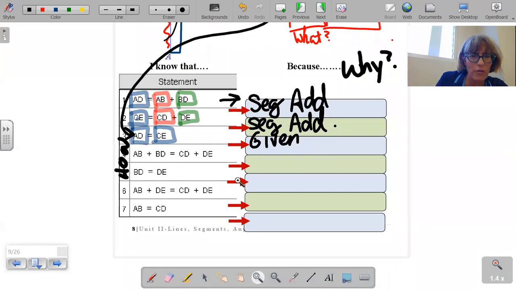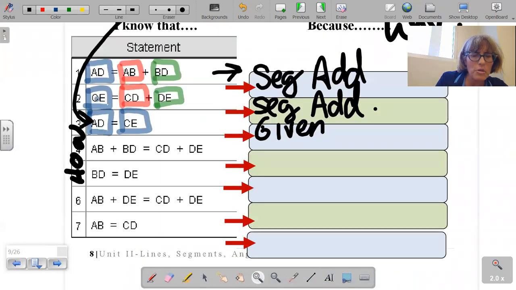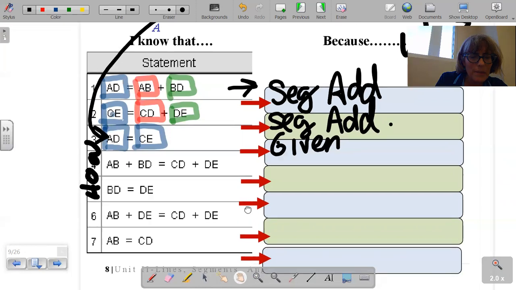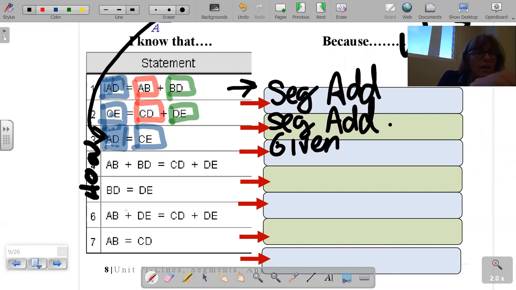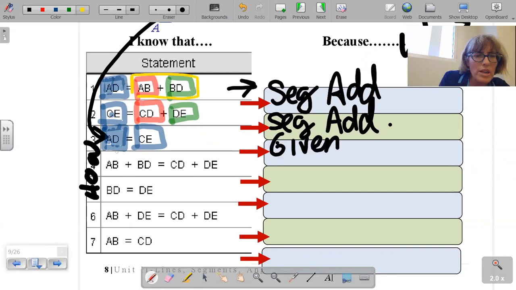Now this is where it starts getting tricky. Look very carefully at steps 1, 2, and 3. Ready? Look at what we did. AD, physically touch what I'm touching, is equal to this. We swapped out AD and we put that in its place.